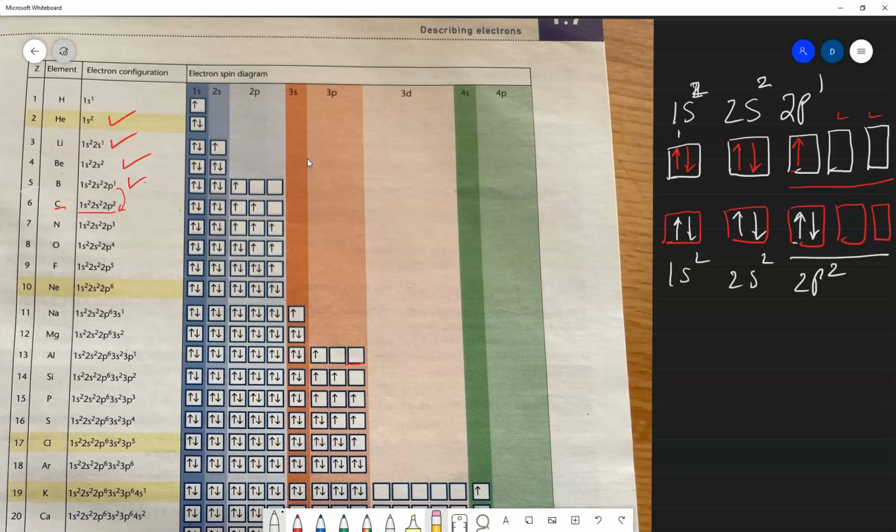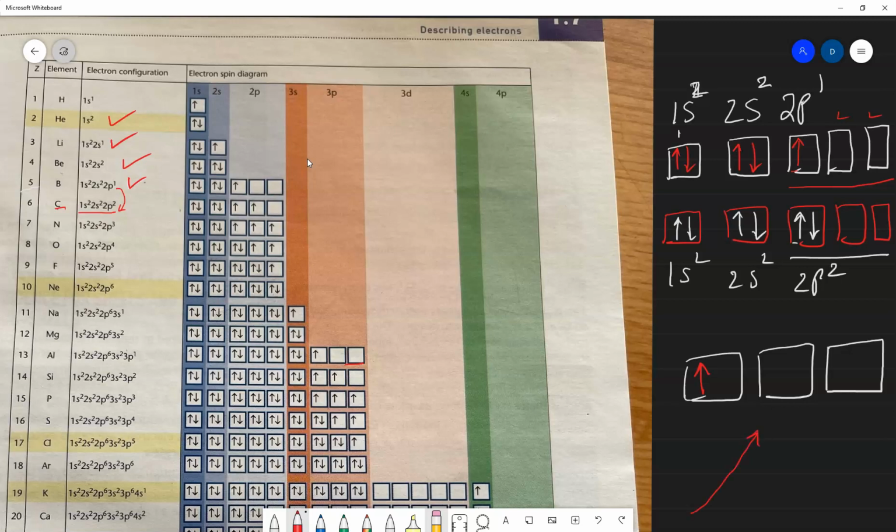Now the way the electrons go is, they don't just jump into an existing orbital. The electron does something clever. It always tries to go into a space where there is no repulsion. If you think about carbon, the first p orbital already has an electron.